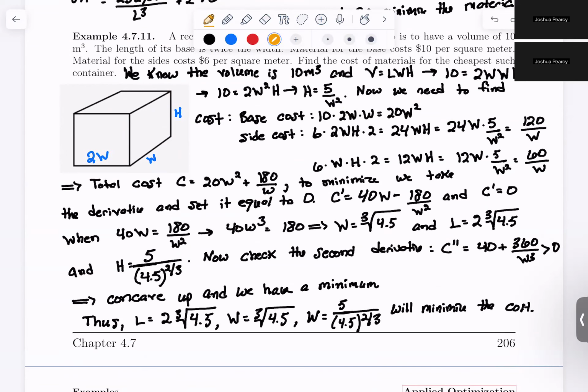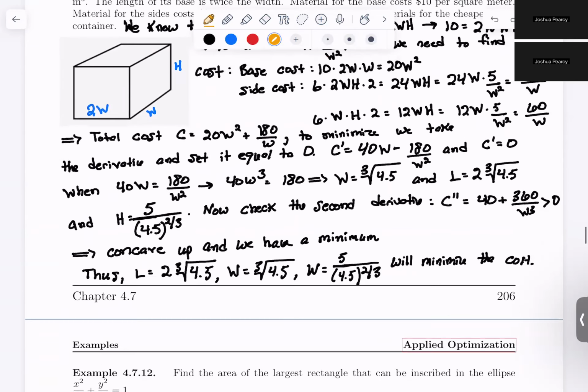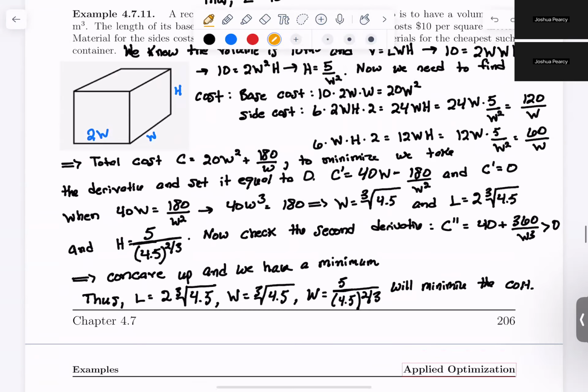And when I do that, I end up with 5 divided by 4.5 to the 2/3 power, right? Because what we're doing here is we're taking this and we're also squaring it, right? Because we have W squared here. So what we're doing is it's 5 over the cubed root of 4.5 squared, which I can also write as 4.5 to the 2/3.